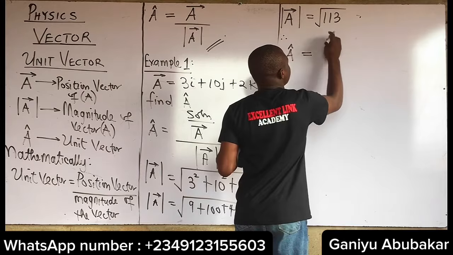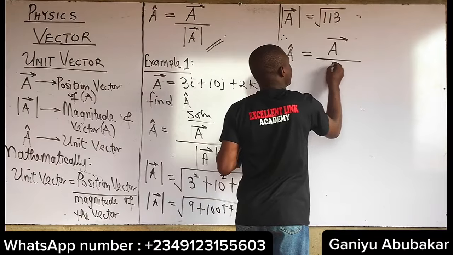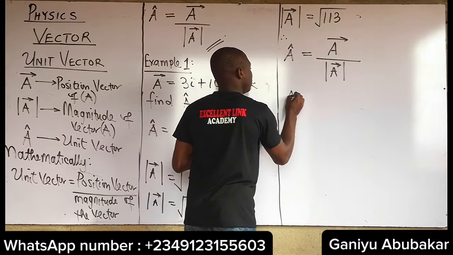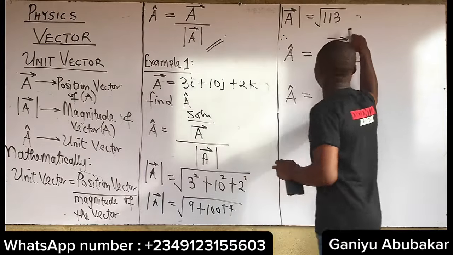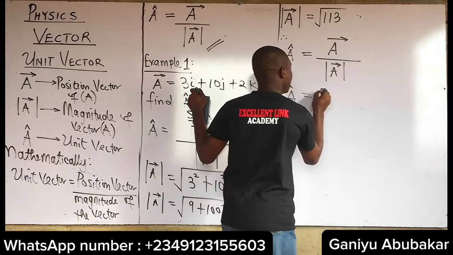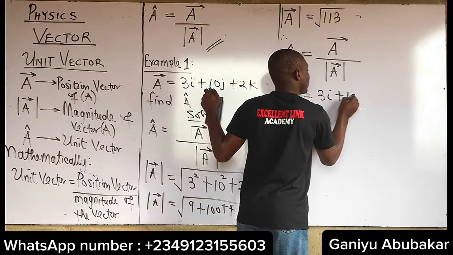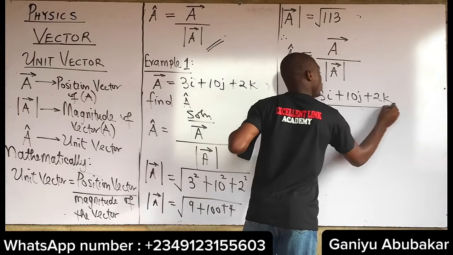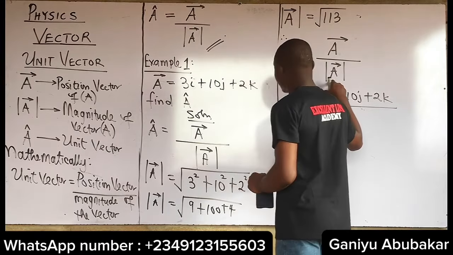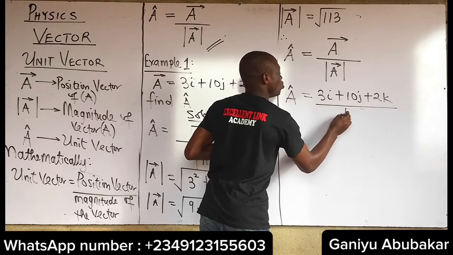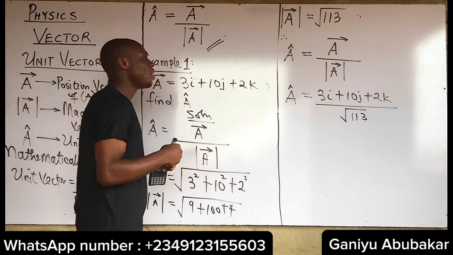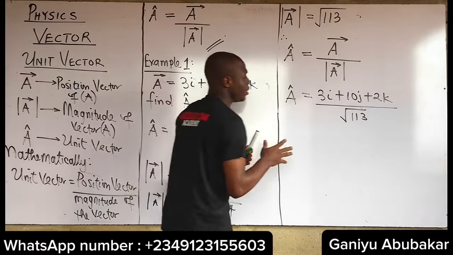We said first is the position vector all over the modulus of vector A. So the unit vector of A is equal to the position vector A, which is everything here: 3i plus 10j plus 2k, all over the magnitude or modulus of vector A, which is root 113.